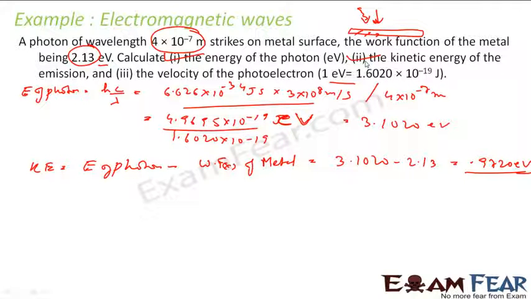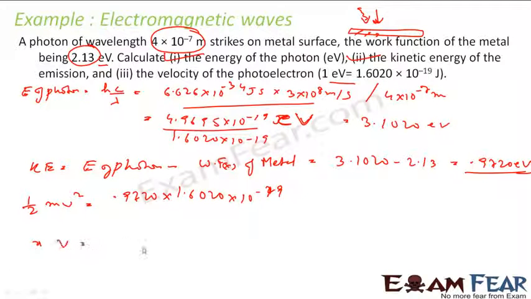The next question is, we have to find the velocity of the photoelectron. This is my kinetic energy. So kinetic energy is nothing but half mv square. This is my kinetic energy, 0.9720, which is in electron volts. I'll convert this into joule. So 1 electron volt is equal to this many joules, so we'll multiply this by 1.6020 into 10 to the power minus 19. And this is nothing but half mv square.